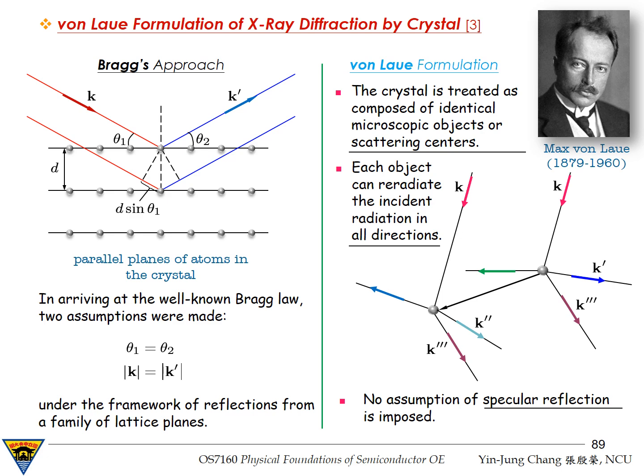Then by analyzing the interference conditions, we can determine when constructive interference occurs. The remarkable result is that diffraction occurs when the change in wave vector matches a reciprocal lattice vector. This is the essence of the Laue diffraction condition.